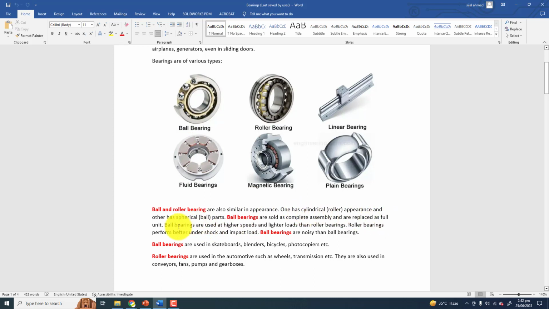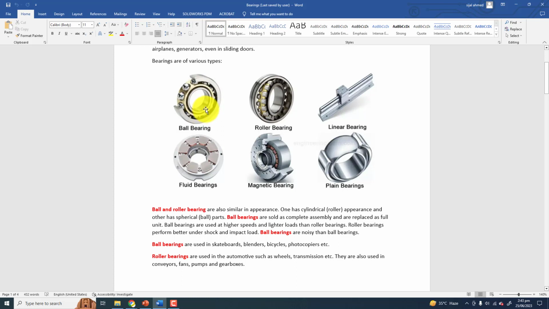Ball bearings are used for higher speed machines, but with lighter loads than roller bearings. In the case of shocks or impact loading, roller bearings are the preferred choice. Another difference is that roller bearings are a lot noisier than ball bearings.